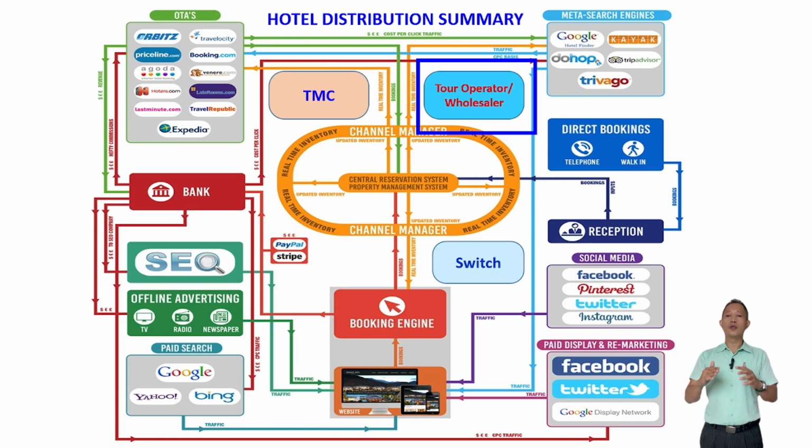In order to create a package, the tour operator needs to contact each business unit one by one. For example, contact Hotel A saying, I need 5 rooms per day. What is the best rate if I guarantee the number of rooms? Then get the allotment.